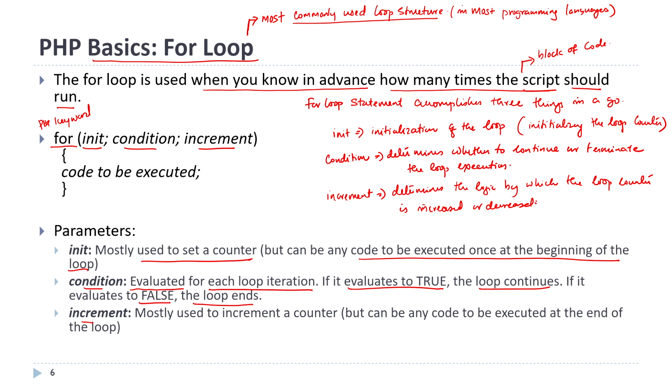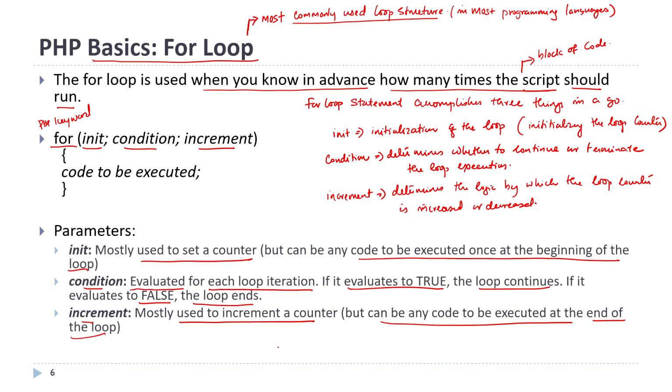It can increase or decrease, it does not have to be an increment all the time, it can be a positive increment or a negative increment. So, it is mostly used to increment the counter, but instead of incrementing, you can also execute a code at the end of the loop, that is also doable for you.